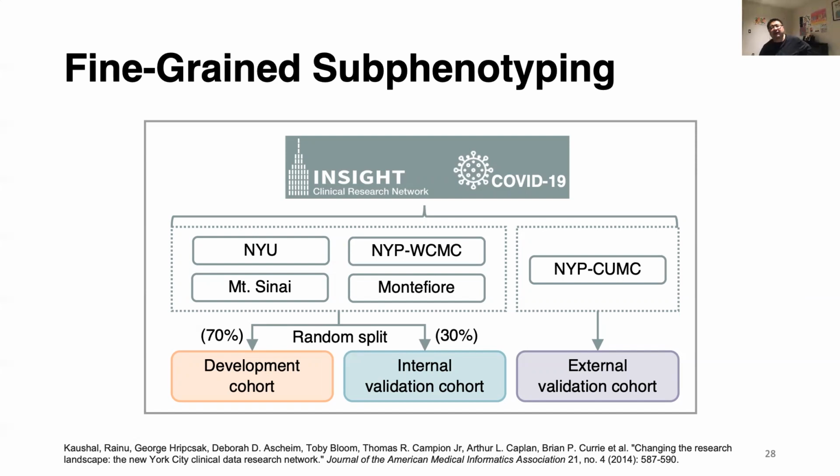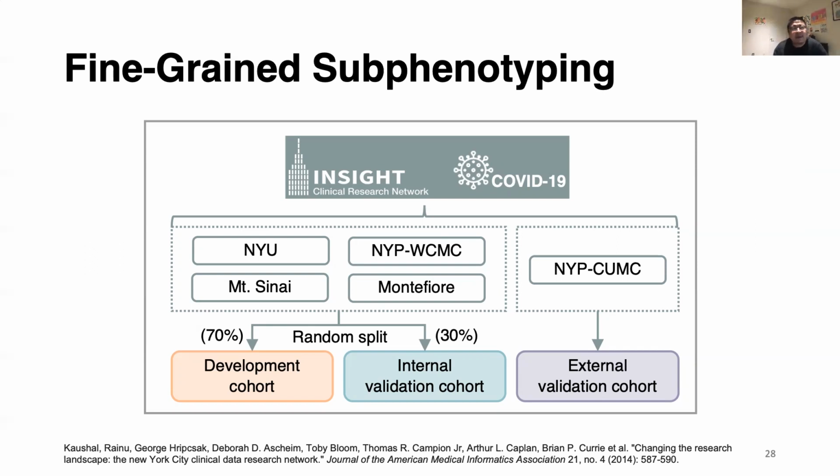In this data, they have a COVID data lake, and it includes 5 different institutions, including NYU, New York University, New York Presbyterian Hospital, Weill Cornell Medical Center, Mount Sinai Hospital, Montefiore, and also New York Presbyterian Hospital, Columbia Medical Center.